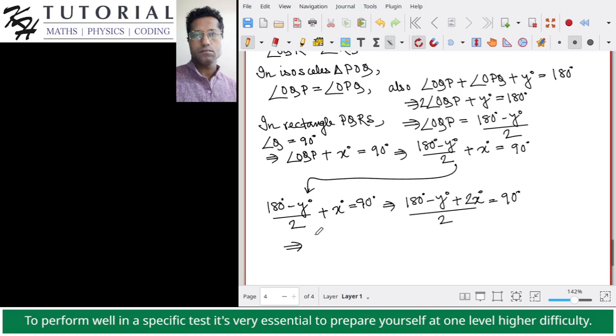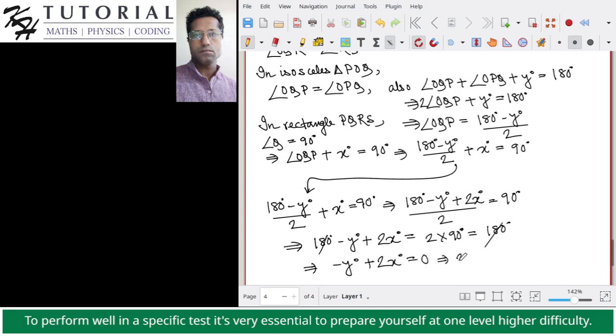Now, doing cross multiplication, we get 180 degree minus y degree plus 2x degree is equal to 2 multiplied by 90 degree, which is 180 degree. 180 degree we can cancel out from both sides, and we get minus y degree plus 2x degree is equal to 0.